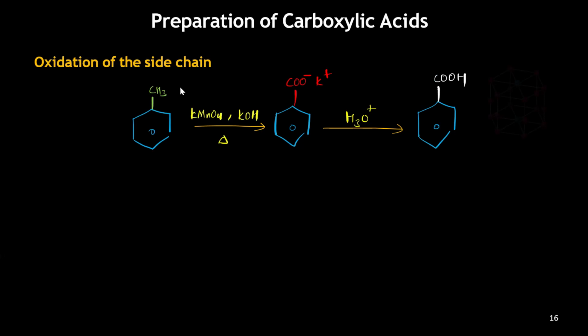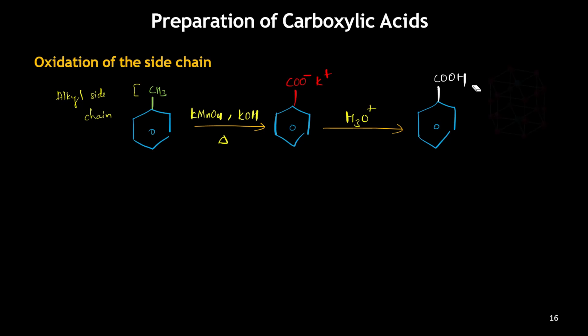Oxidation of the side chain means oxidation that converts the alkyl side chain. Suppose this is the benzene group, and this is the side chain present. This side chain can be CH3, or you can take CH2CH2CH3, your wish. It could be a single group or many groups, but just take an alkyl side chain. This alkyl side chain will be converted into the carboxyl group, the carboxylic acid.